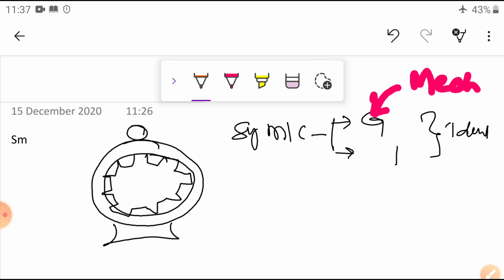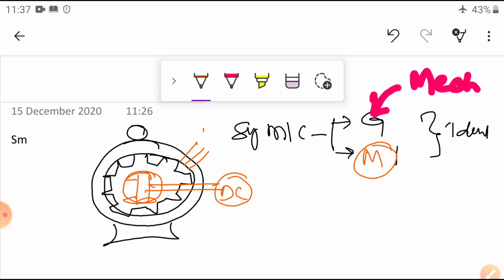Now, a three-phase supply is given to the stator in the case of our motor. Now, it has a rotor. The rotor has a rotor winding. It is fed from outside by a DC supply.